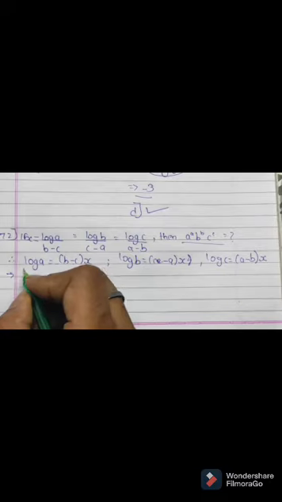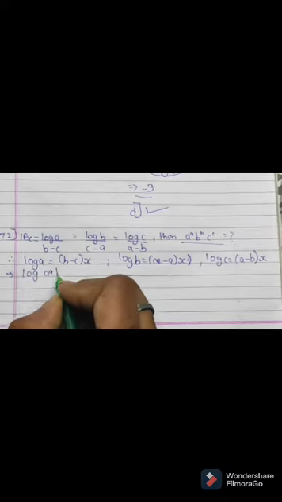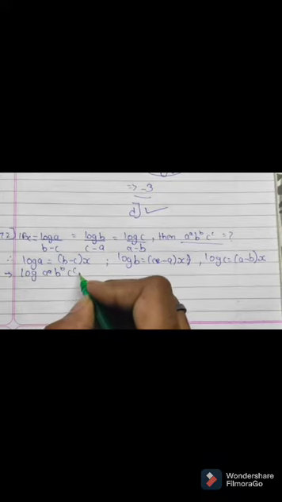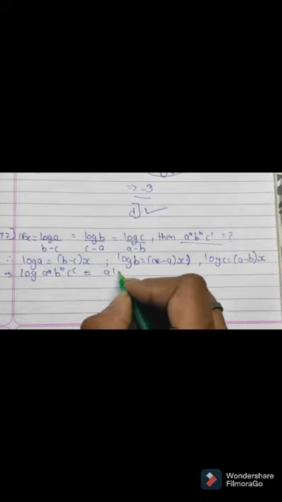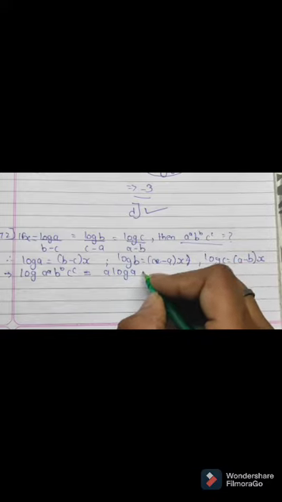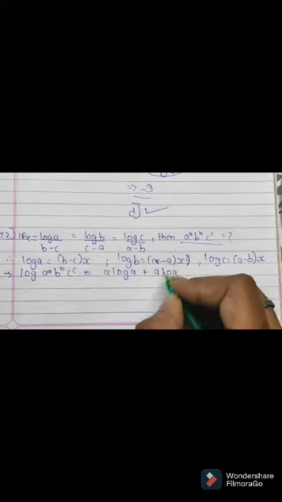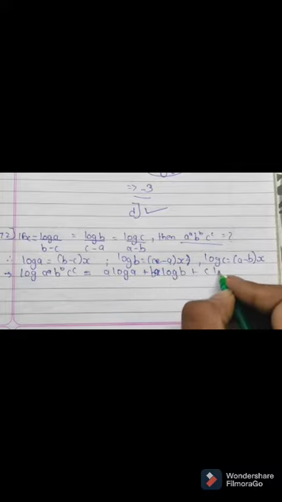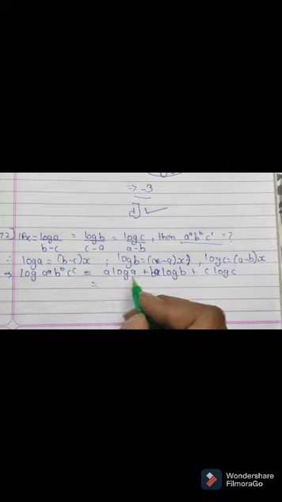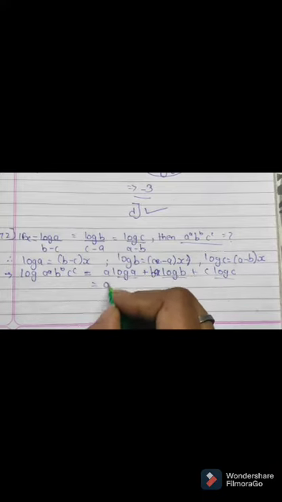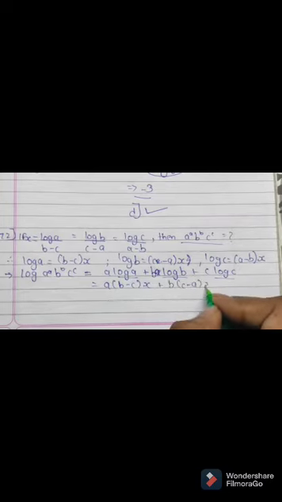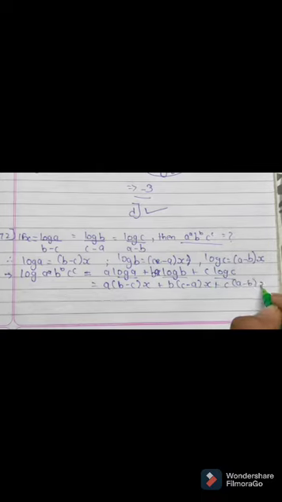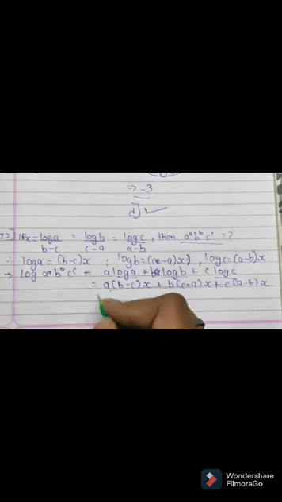Now we will apply log to the value which we need to find, that is A raised to A, B raised to B and C raised to C. So this can be written as A log A plus B log B plus C log C, which will be equal to, now we have the values of log A, log B and log C. Therefore A into B minus C into X plus B into C minus A into X plus C into A minus B into X. Now if we simplify this whole equation, we will get our answer as 0, which is equal to log 1.